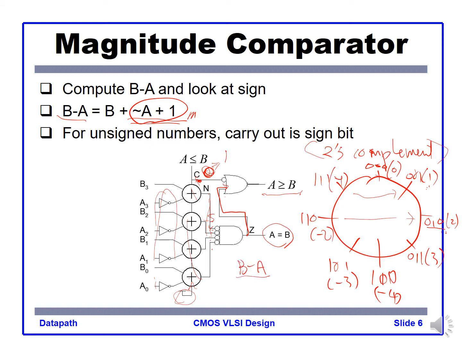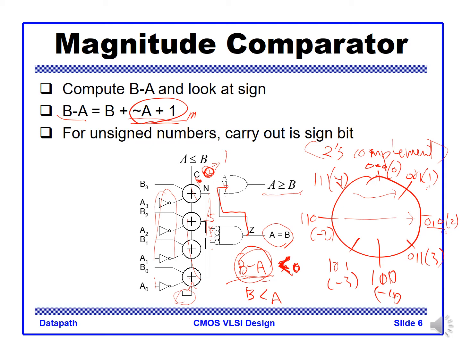If the result is positive, then B is greater than A. How do we check if this is greater than 0 or not? Or let's say like this: if B minus A is a negative number, meaning B is less than A, right?